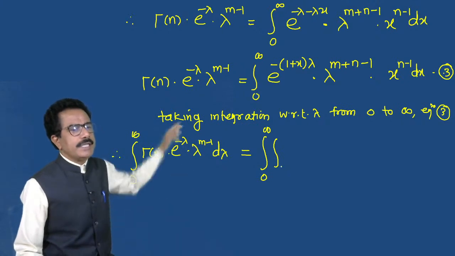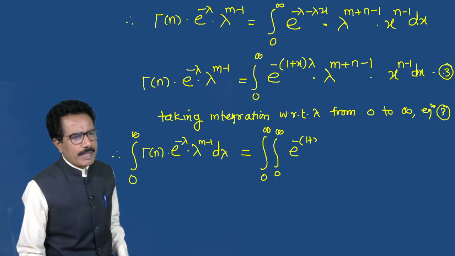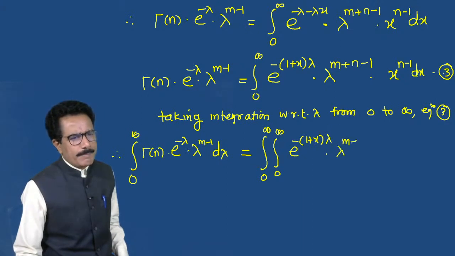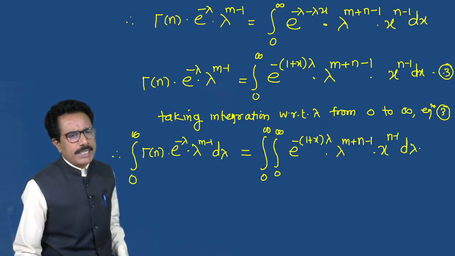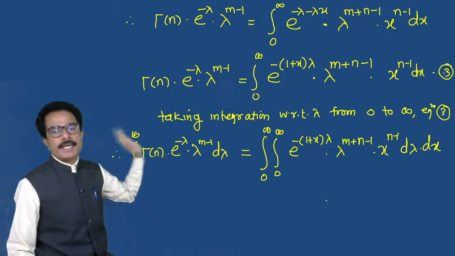Again the initial integral 0 to infinity. So e raised to minus 1 plus x times lambda. So we can write lambda raised to m plus n minus 1 into x raised to n minus 1 d lambda into dx. D lambda into dx.